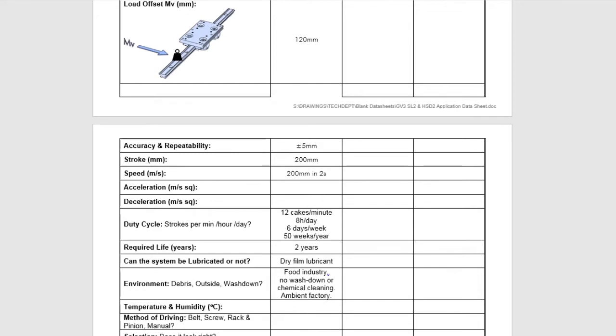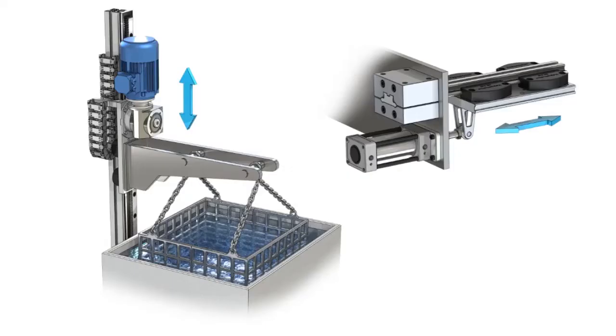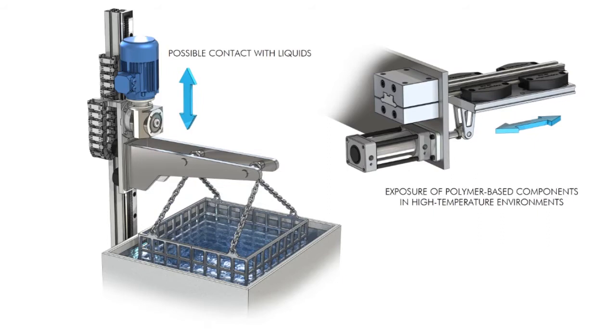Something else which can affect material and product selection is temperature and humidity. We'd like to know the range of temperatures the unit might see and any possible exposure to humidity in the air. If the air is humid or there is exposure to water, there is potential for steel to rust. In high temperature applications, polymer-based components may deform.